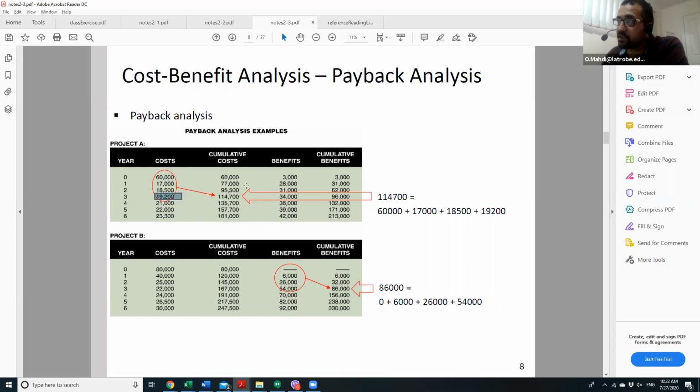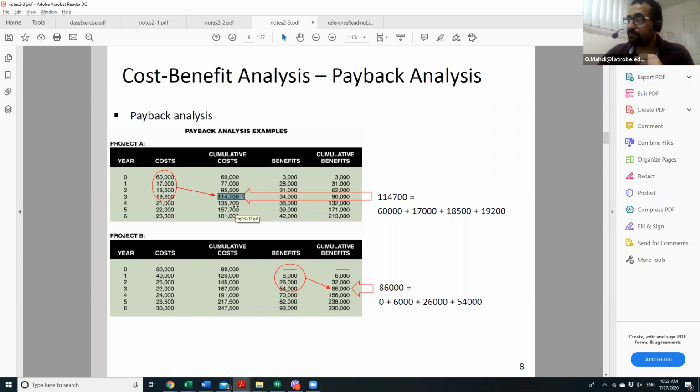So the cumulative cost for year four is 114,700, and so on. It's always accumulating the cost of the current year with the previous years. You will get the cumulative cost for the current year.